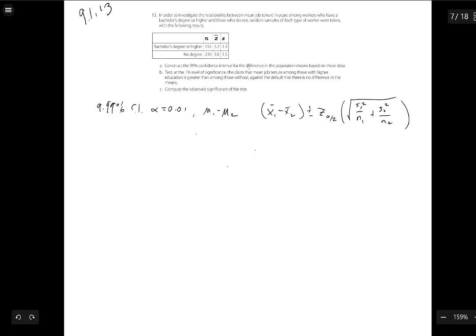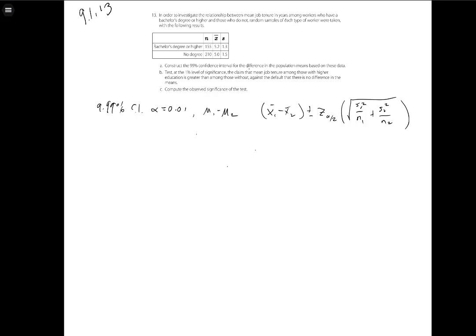We're given the equation for that, which is x1 bar minus x2 bar, so the difference in the sample means, plus or minus our standard normal distribution variable z at alpha over 2, times the square root of the standard deviation squared over the number in our first sample, plus the standard deviation squared of our second sample over the number in that second sample. So we can actually put these numbers in at this point from what we have here.